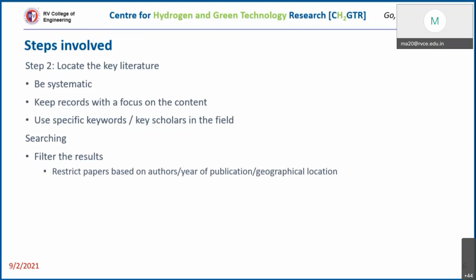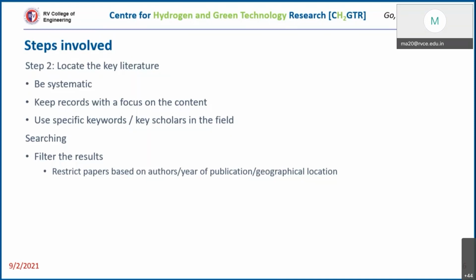If there is any information on the work that is going on in hydrogen technology from other countries, for the moment you are not interested in that, so you restrict yourself. So that is how you narrow down your search. If there are 10 results and out of those only 2 might be related to India and 8 might be related to other countries, now your job becomes easier. So you will be concentrating only on those 2 links.